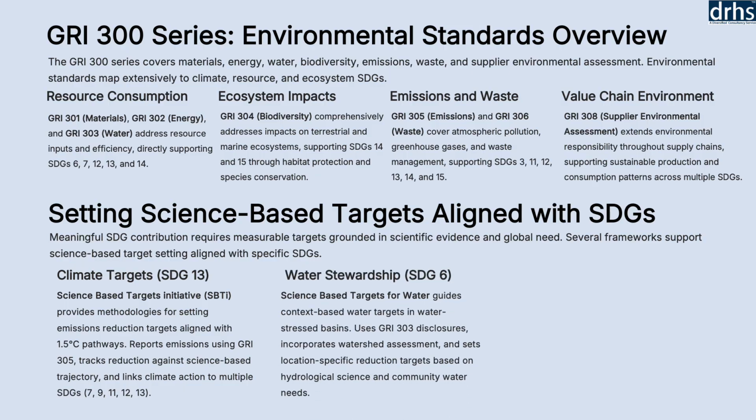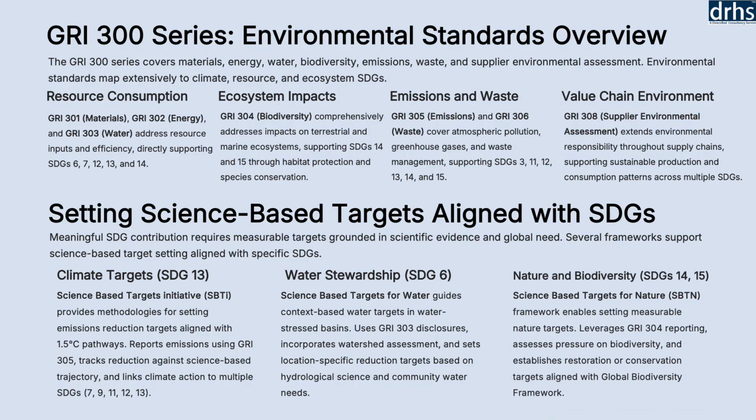Water stewardship, SDG 6, encourages context-based water targets addressing basin-level scarcity and quality risks. Nature and biodiversity targets, SDGs 14 and 15, emphasize avoidance, minimization, restoration, and net positive outcomes, increasingly aligned with emerging global biodiversity frameworks.